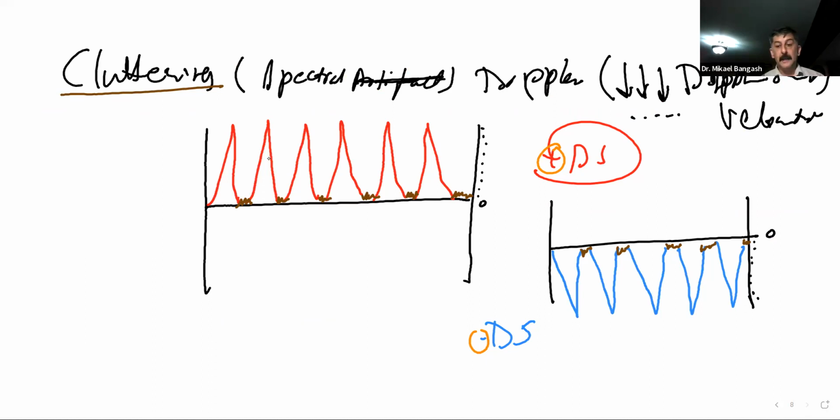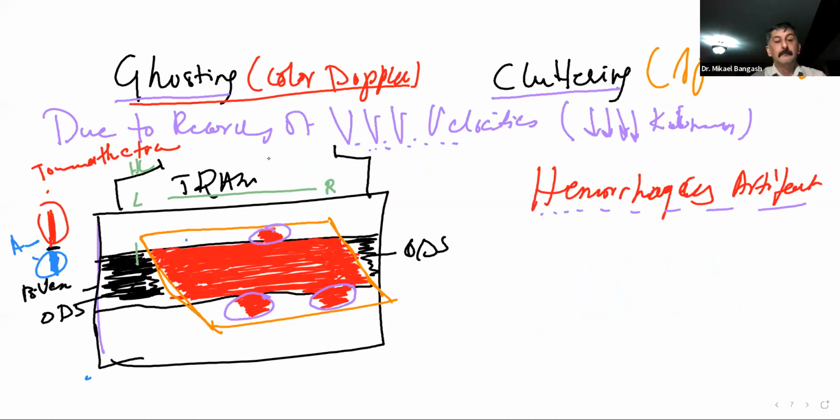It's just two names for the same artifact, all dependent upon whether you see it on a color Doppler or on a spectral Doppler. Okay, thank you.